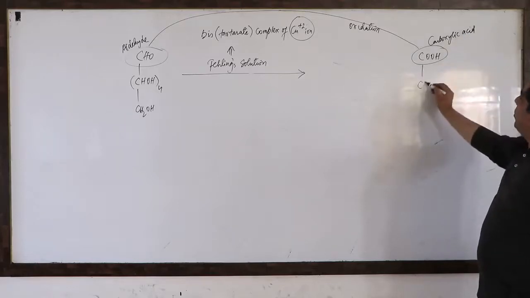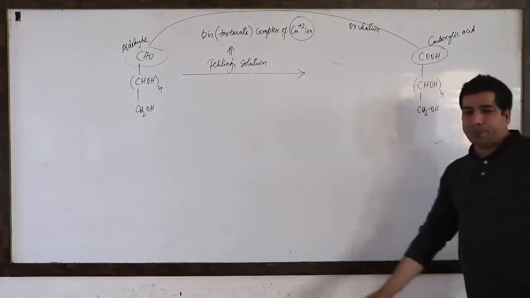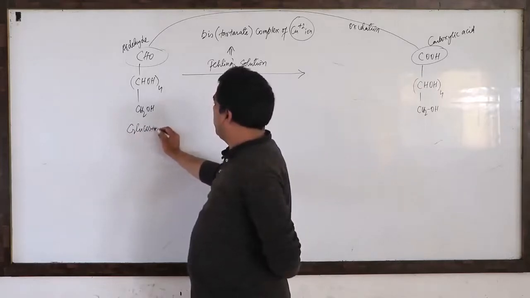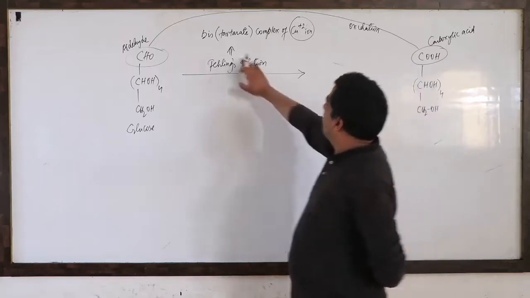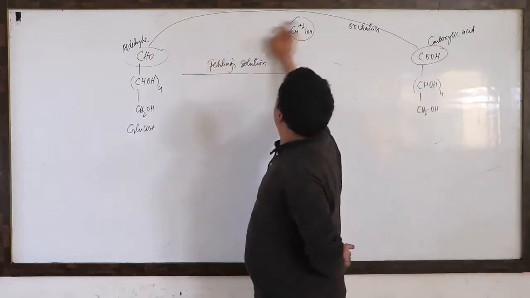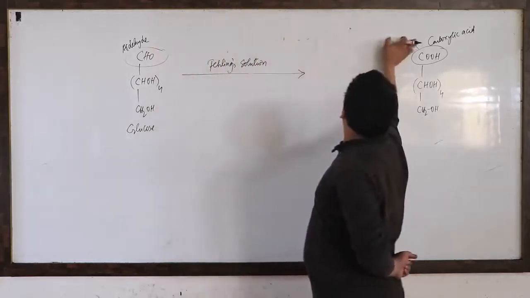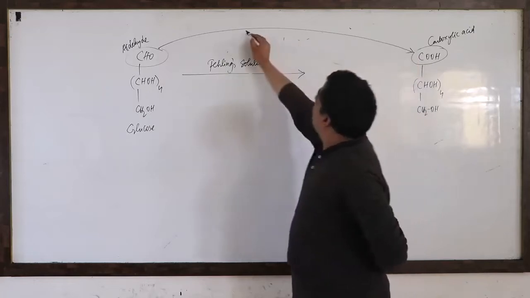Let's write down the rest of the molecule: CHOH 4 times and then CH2OH. Correct? Now this is my glucose molecule. In this glucose molecule, let me write it down to show you that aldehyde undergoes oxidation.